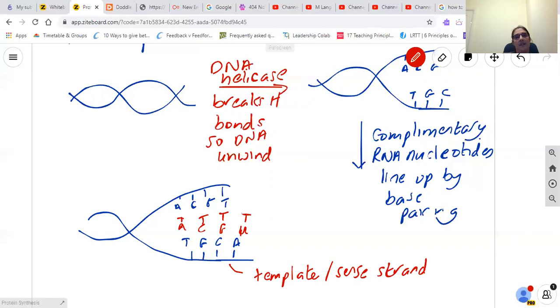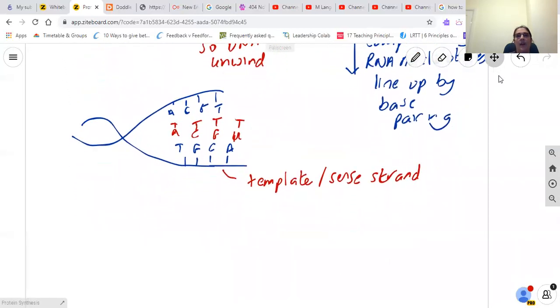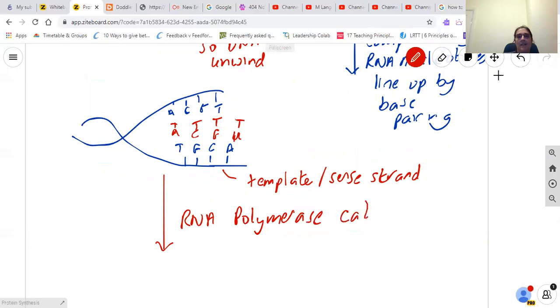Now you will notice that the nucleotides are not joined together. We've not made the sugar phosphate backbone. And that's because to do that, you need the enzyme RNA polymerase. So the next thing that will happen is that RNA polymerase will catalyze the formation of the phosphodiester bonds between adjacent nucleotides.